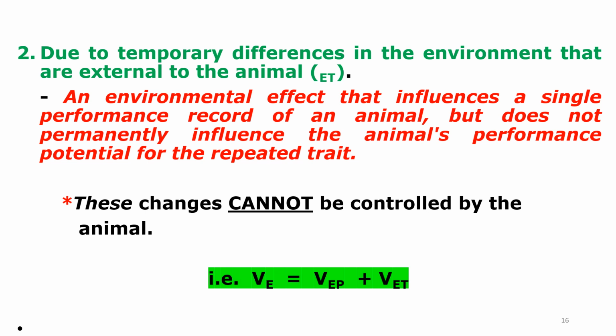So these temporary environmental differences cannot be controlled by the animal. Likewise, the permanent environmental influences. So the environmental variance can now be written as being made up of permanent environmental differences as well as temporary environmental influences.